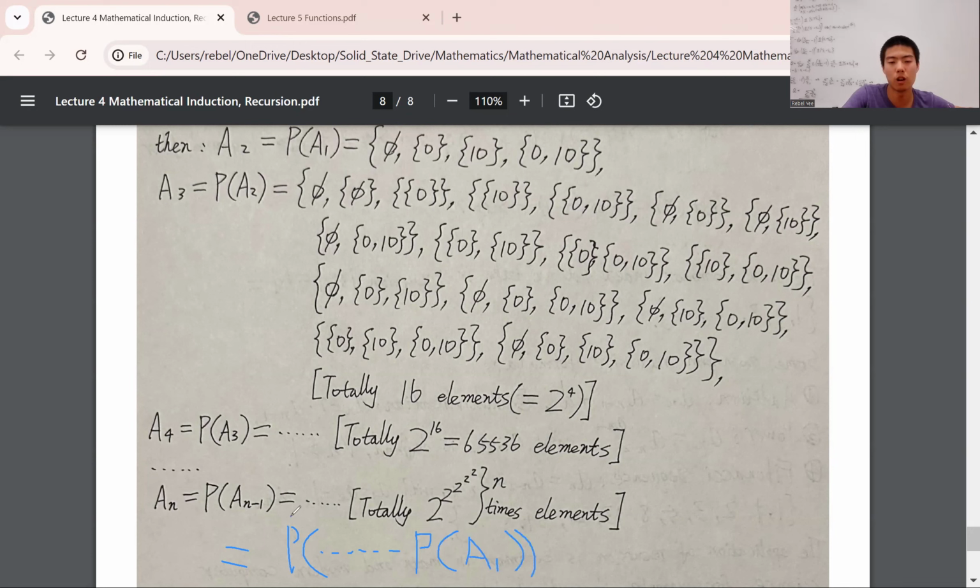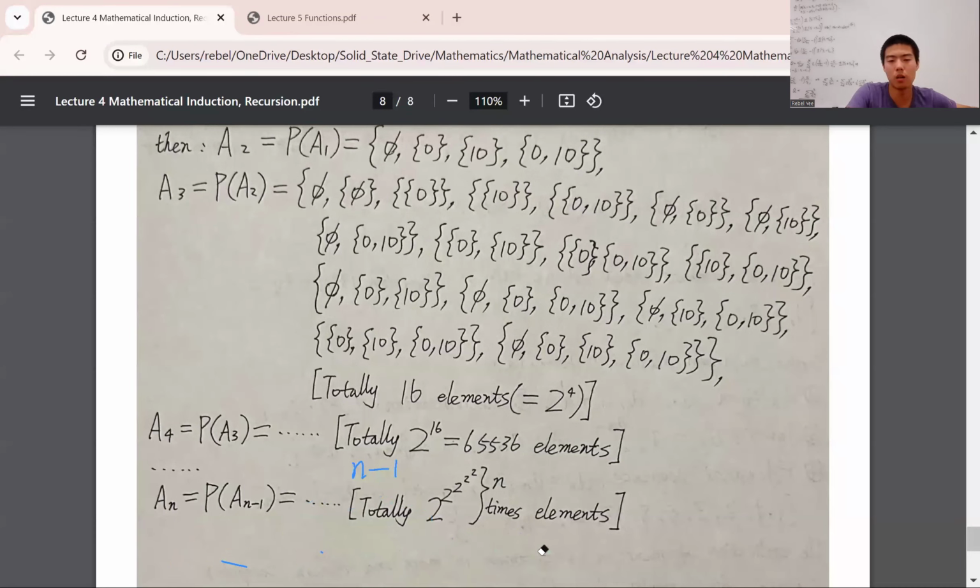And there are many layers, so how many layers are there? If it's A_n, then, because consider A1 has 0 layers, A2 has 1 layer. So probably for A_n there will be n minus 1 layers. So yeah, that's our finding.